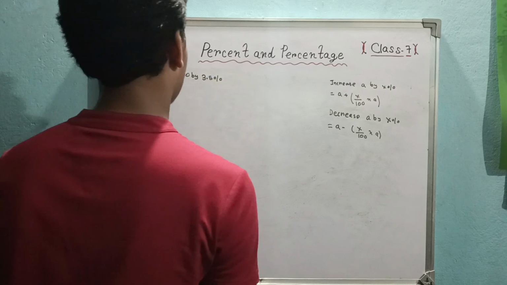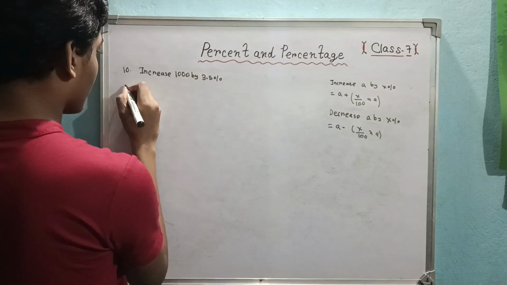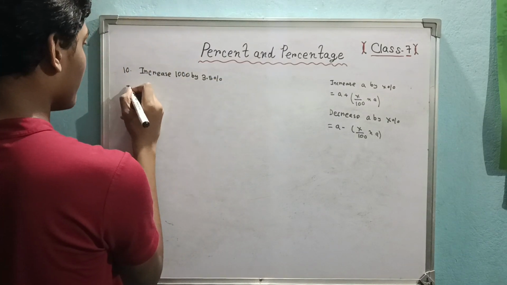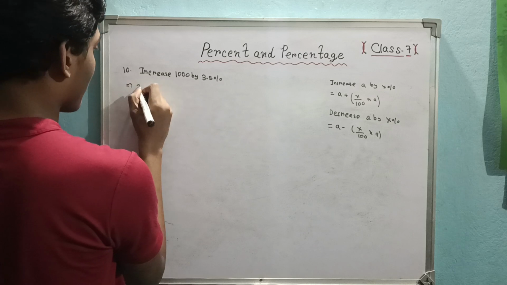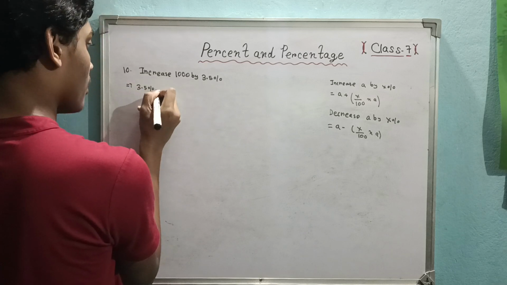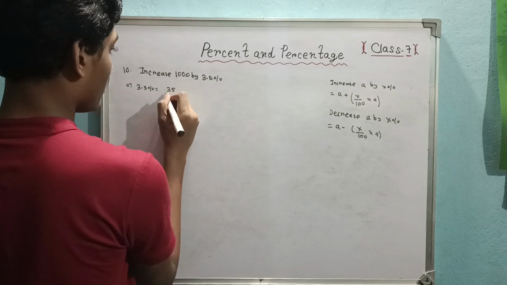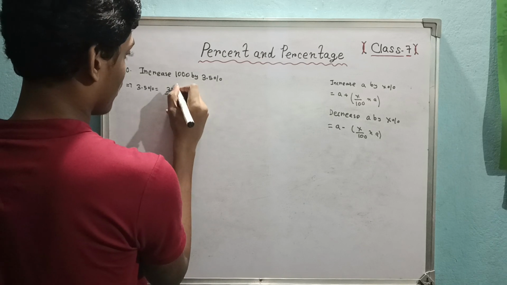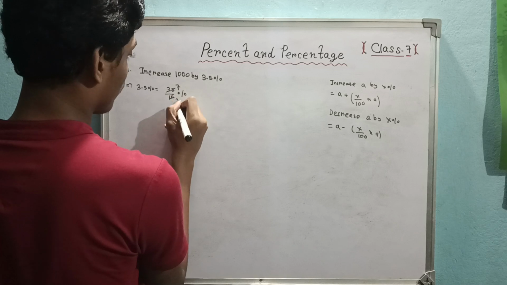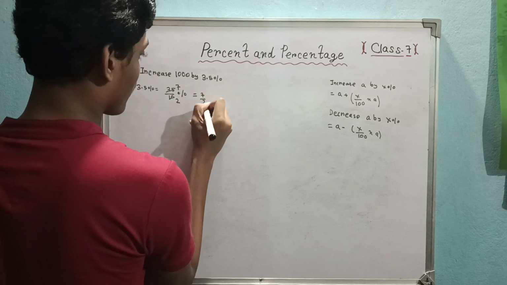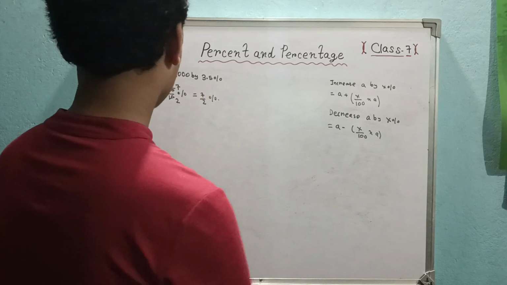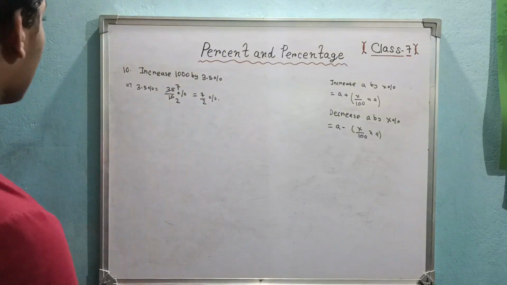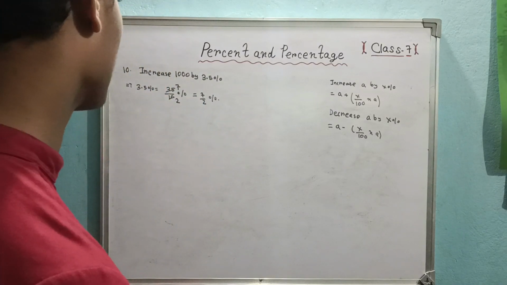Actually 3.5% is 35 by 10%. 7 and here 2, means 7 by 2%. Remember this. Now increase 1000 by 7 by 2%. Actually the question turns out to be this.